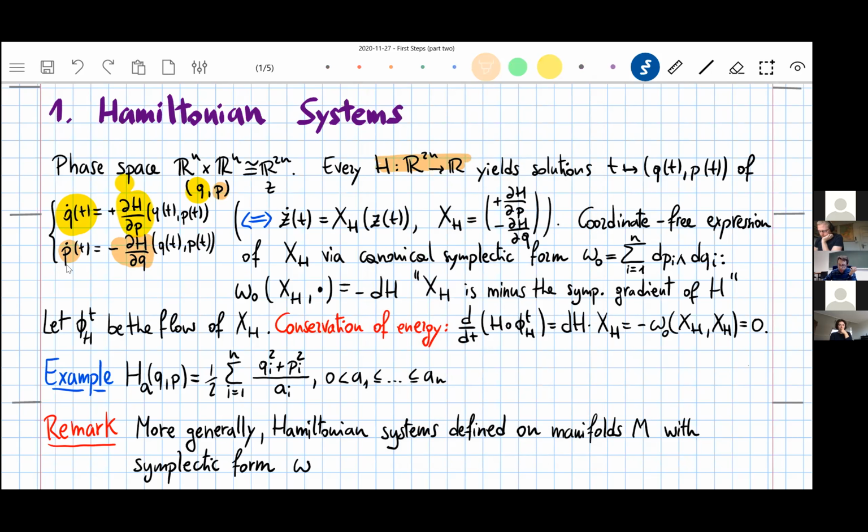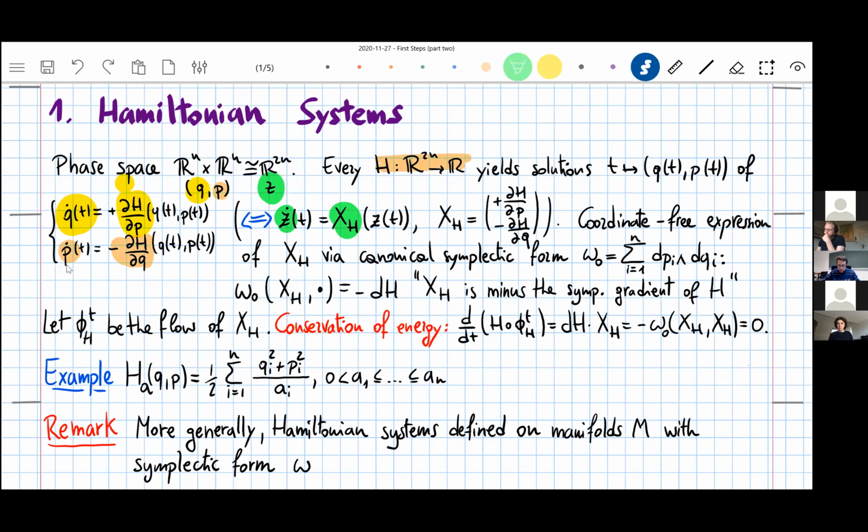and actually, like every ODE, you can also rewrite it using a vector field. So if I call now z the vector of all coordinates, then this ODE you can write as z dot equals X_h of z, where X_h is simply the vector field that you get by putting first dh/dp and then minus dh/dq.